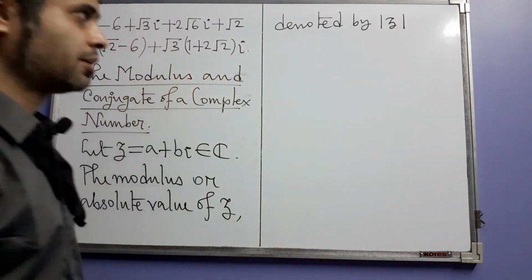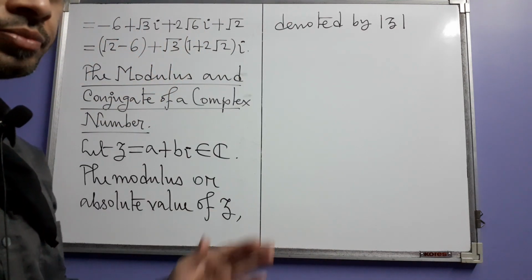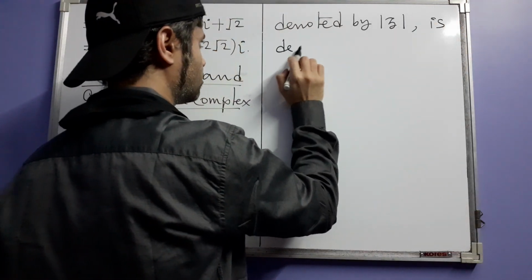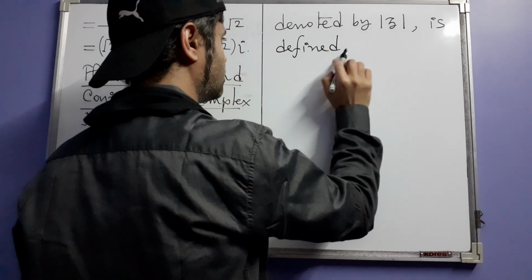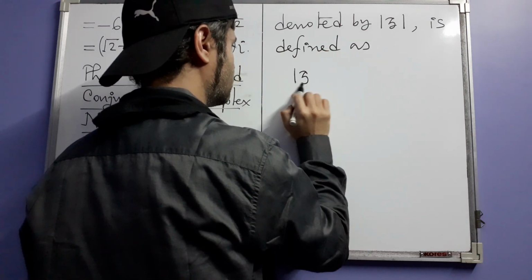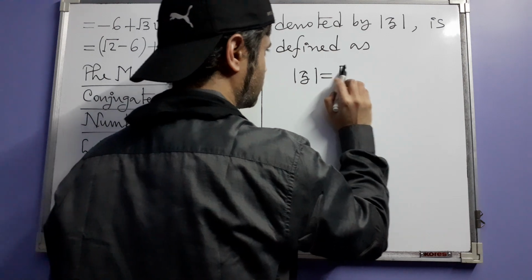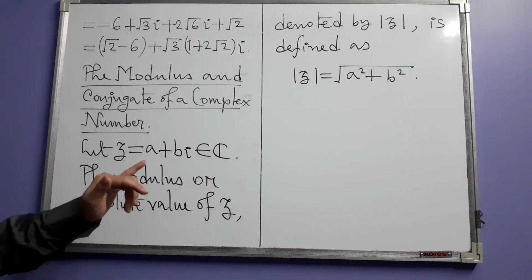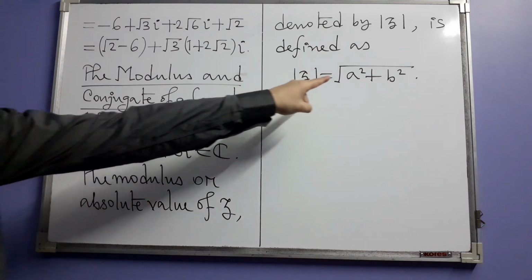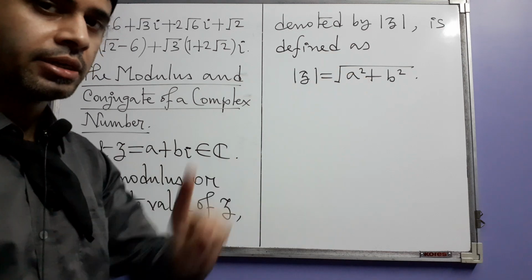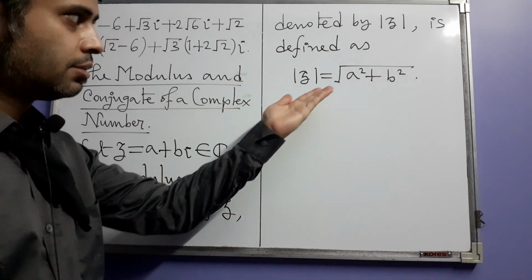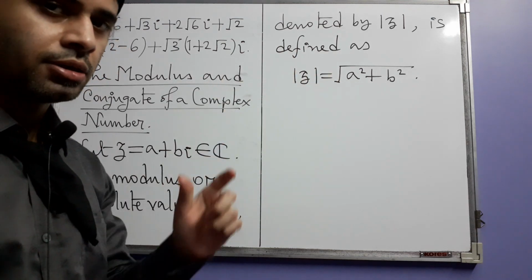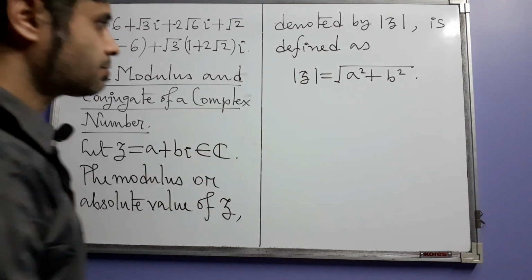We denote the modulus by writing vertical bars on both sides of z. It is defined as this. You take the square root of the sum of the squares of real and imaginary parts of the complex number. This is a real number, and this real number is called the modulus of z or the absolute value of z.